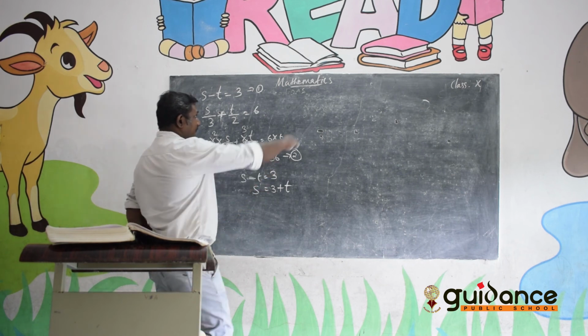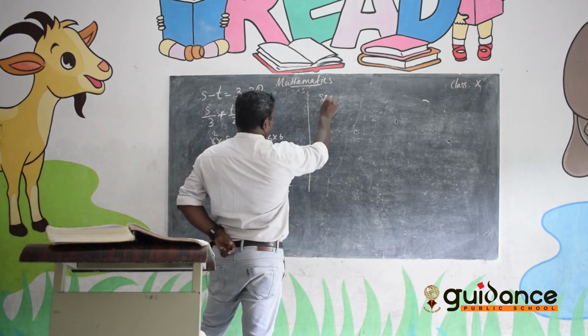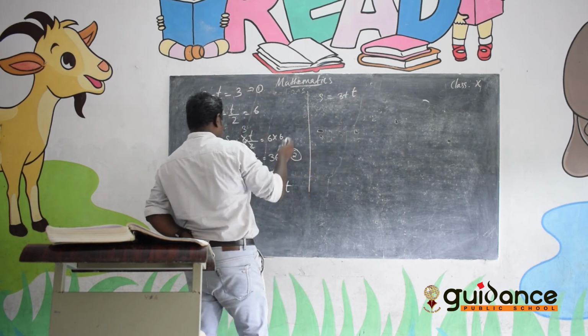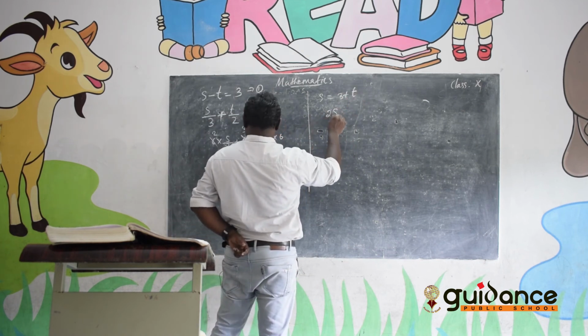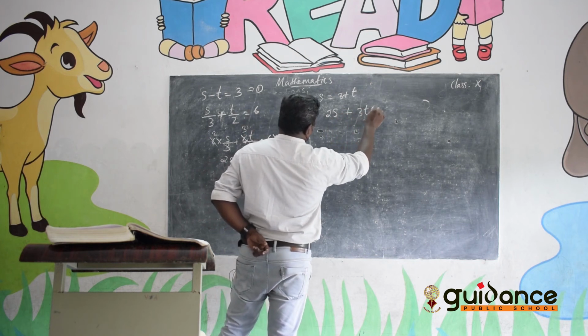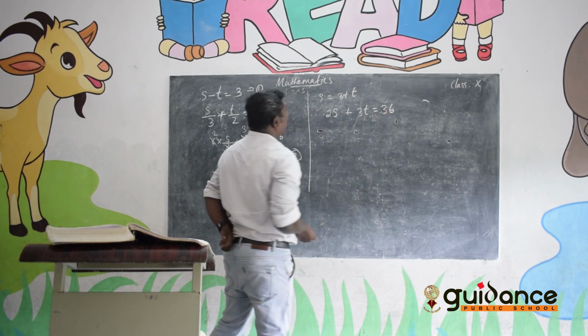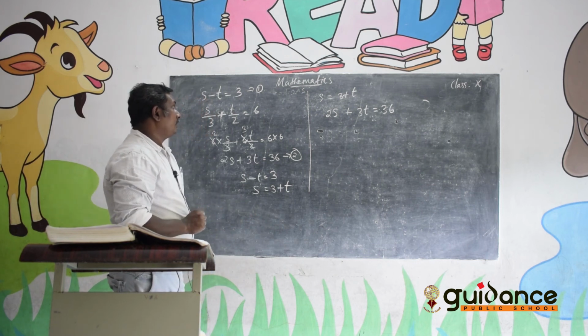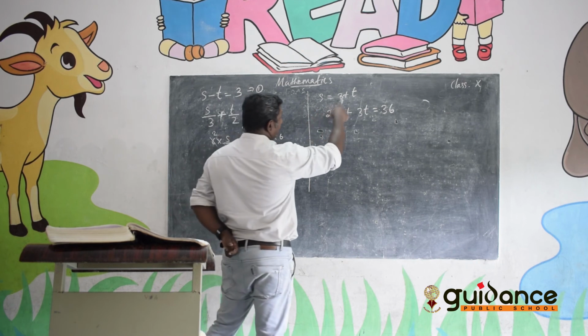That is 2s plus 3t equal to 36, the rewritten equation of our question. So we substitute the value of s as 3 plus t.